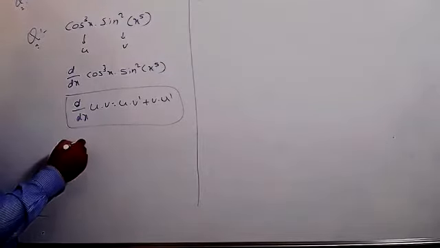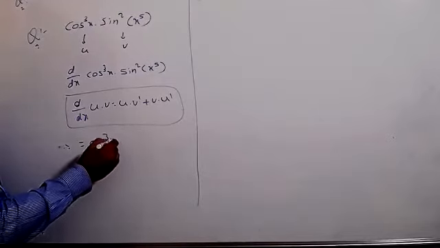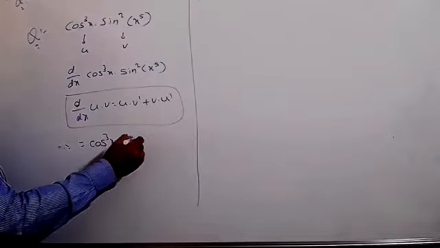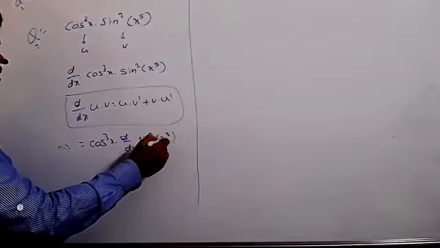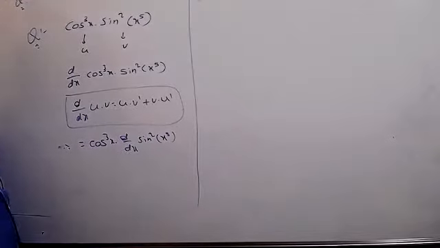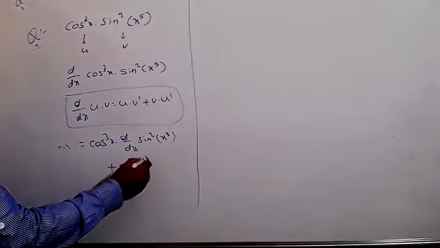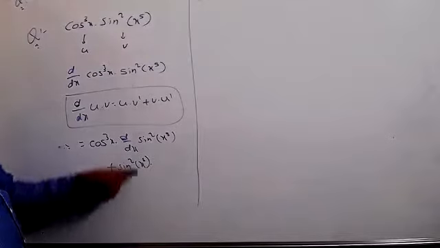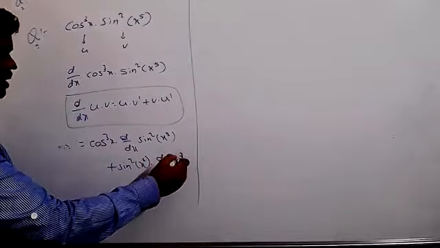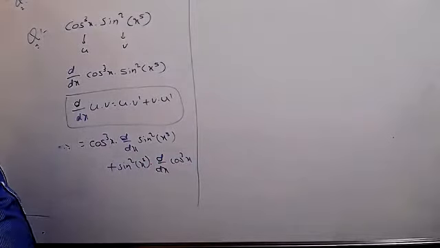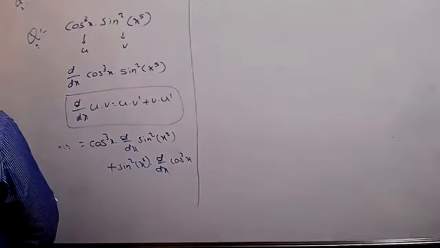So the differentiation of this equals u, which is cos cube x, into d by dx of sin square x power 5, plus v, which is sin square x power 5, into d by dx of cos cube x.